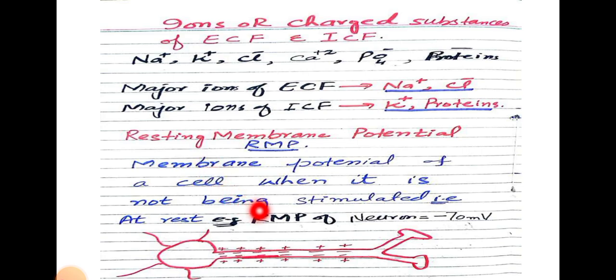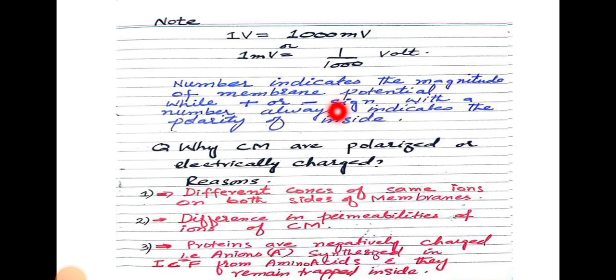As an example, resting membrane potential of neurons or nerve cells is minus 70 millivolt. It is very low potential difference, minus 70 millivolt, because 1 volt is equal to 1000 millivolts, or 1 millivolt is 1 over 1000 volts.